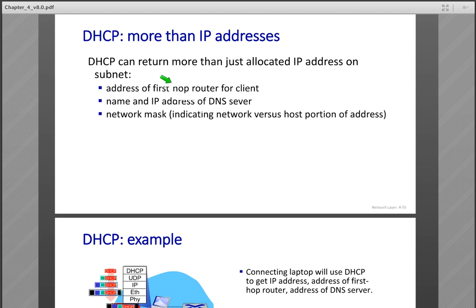When we are using DHCP, we will receive the IP address of the first router in the network, and the name and IP address of the DNS server, and also we can receive the network mask. As I said, we need this mask.